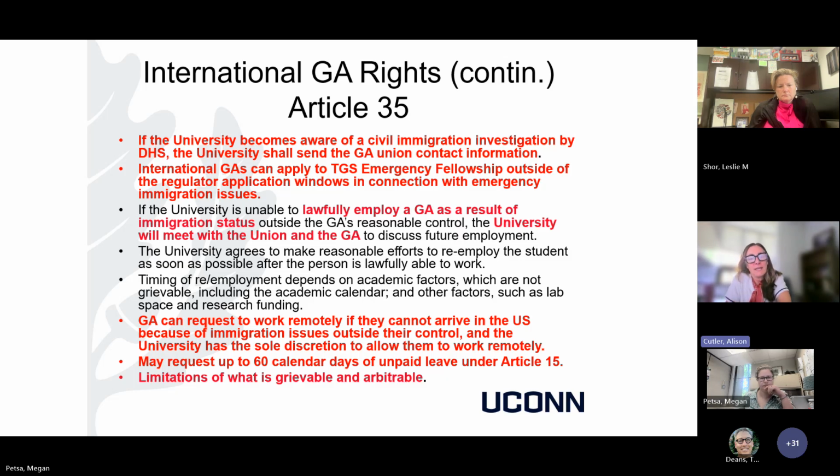They can also take an extended unpaid leave under Article 15. We are already doing that anyway. So that's the summation of Article 35, international GA rights.